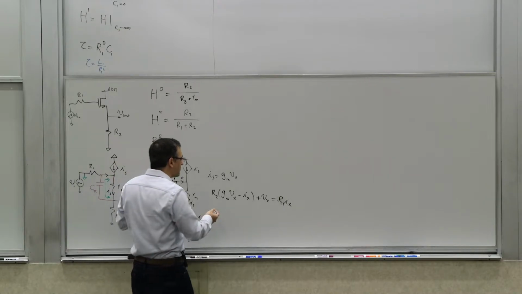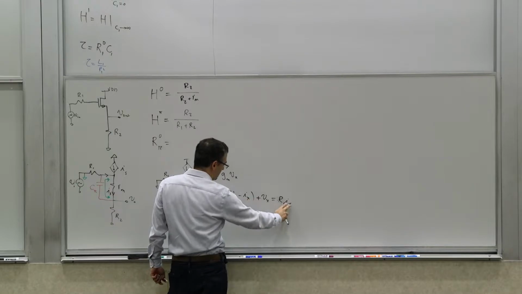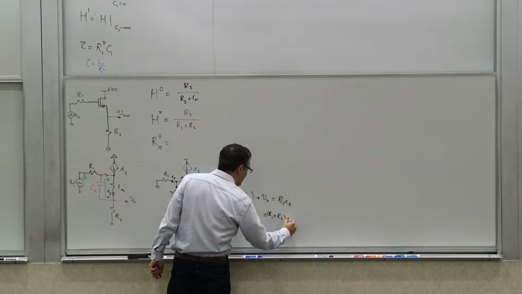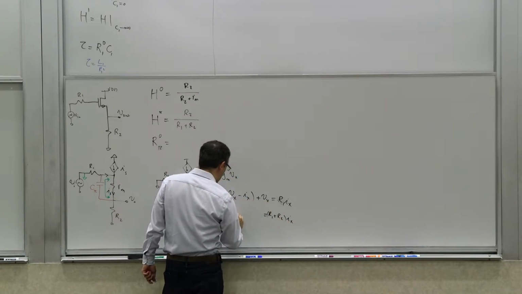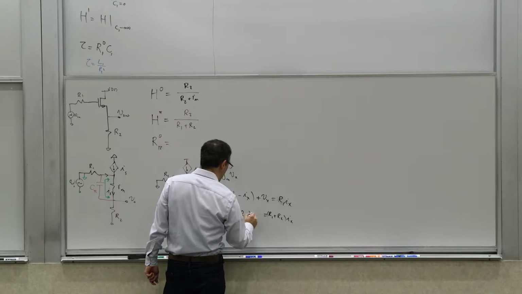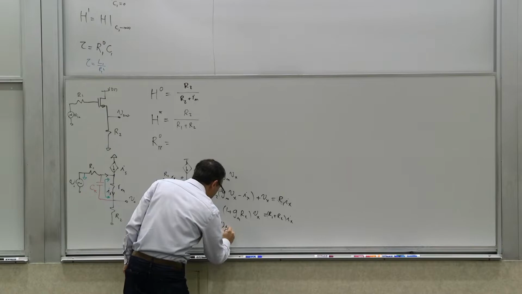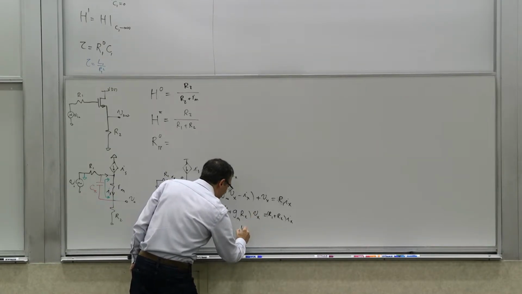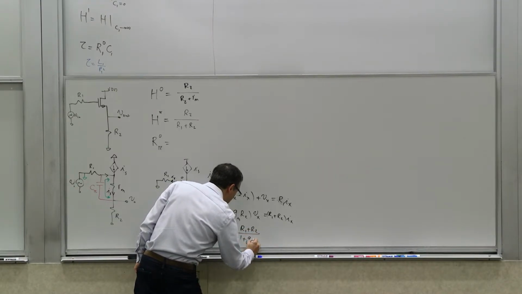Now, if you do that, it's a simple calculation. So you basically take this term and move it to the other side. So you get R1 plus R2 times Ix. And on this side, you're left with whatever has Vx, which is 1 plus Gm R2 times Vx. So now you have the ratio of Vx over Ix, which would be R1 plus R2 over 1 plus Gm R2.